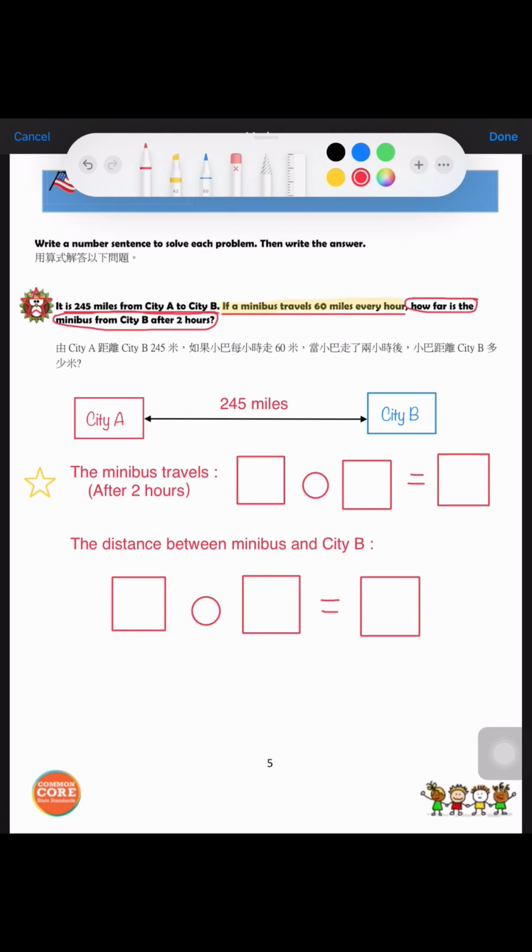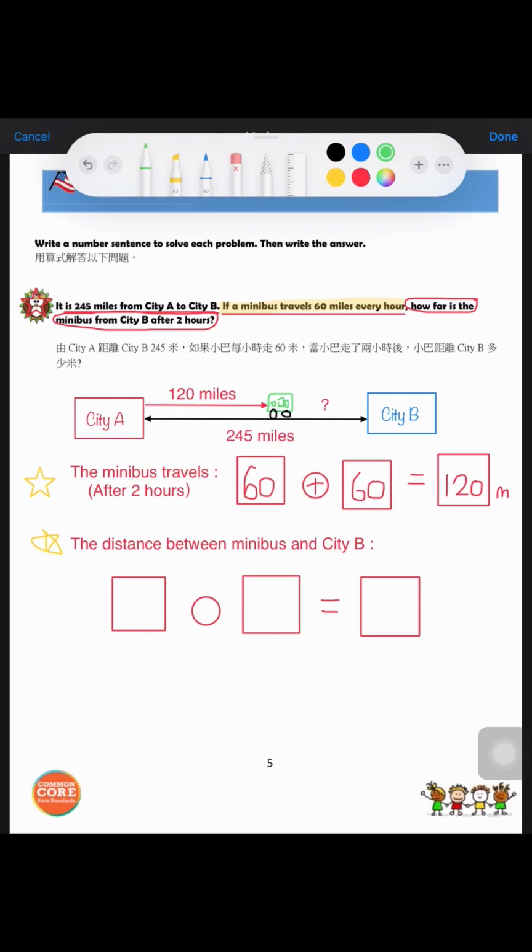So the minibus travels 60 miles per hour. For 2 hours, it will be 60 plus 60 equals to 120 miles. Therefore, the minibus has traveled 120 miles after 2 hours.